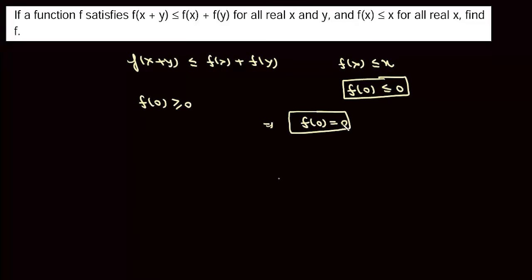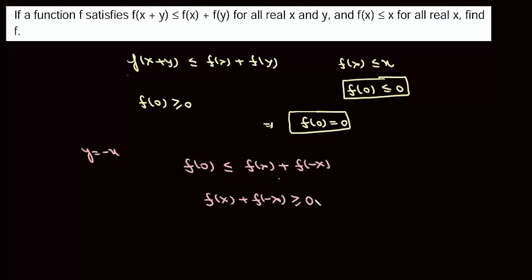Now we'll try and use this. For the first inequality, we'll put y as minus x. We'll get f(0) less than or equal to f(x) + f(-x), or simply f(x) + f(-x) will be greater than or equal to 0.